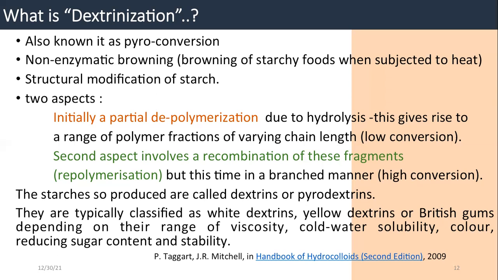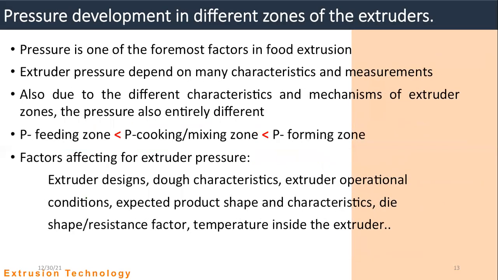As we discussed, temperature and shear force are there inside the extruder barrel. So as a result of that, dextrinization can also happen. And pressure development is very important. I hope that you all know the pressure differences inside the extruder. In the feeding tank, the temperature is almost similar to the environmental temperature.